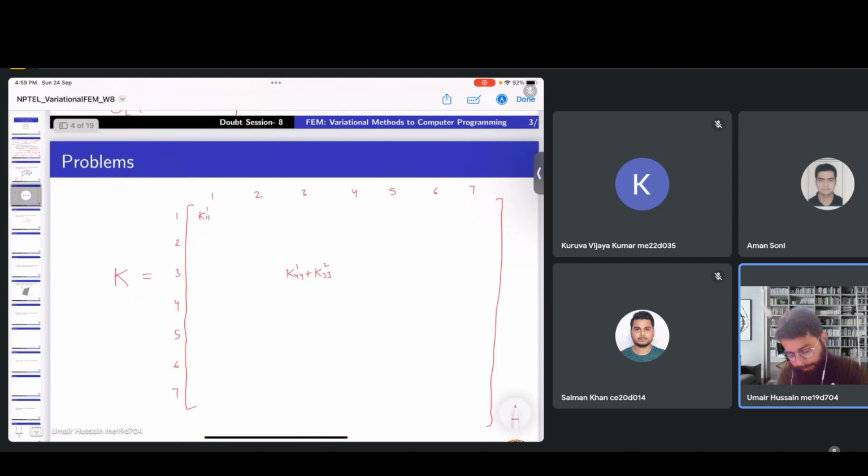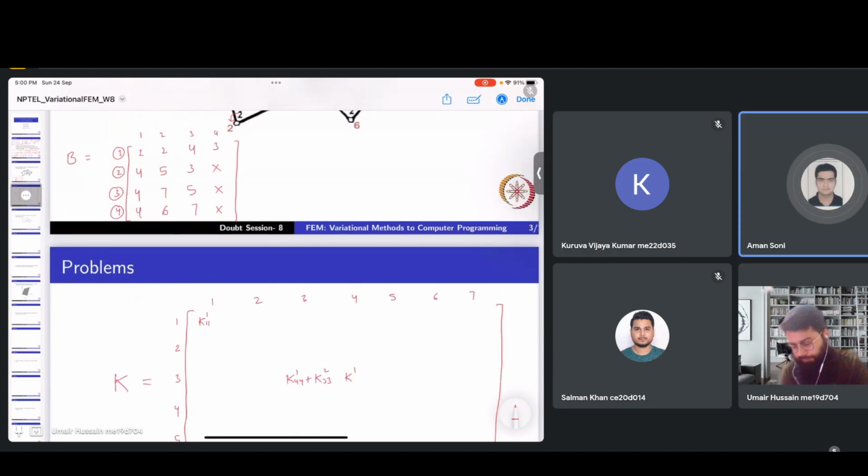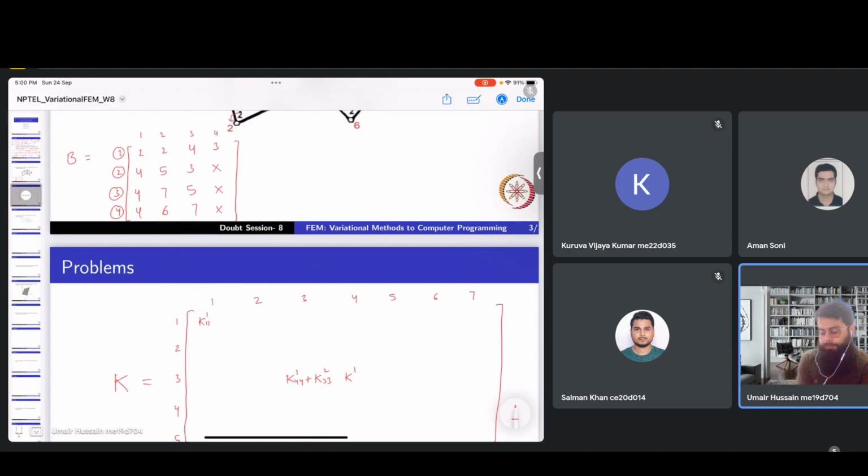Tell me. I am talking about the entry 3, 4 of the global matrix. What should be the contribution from element 1?